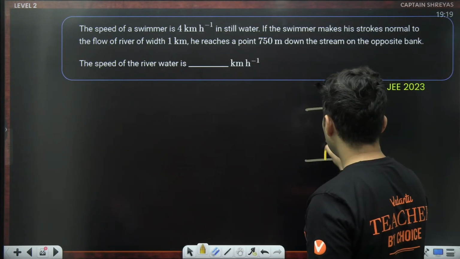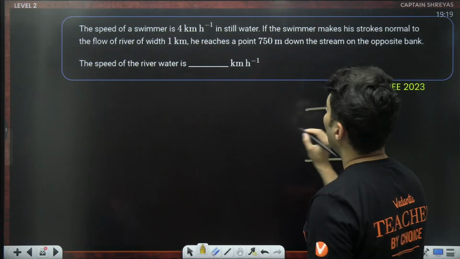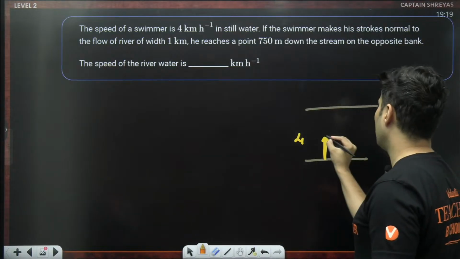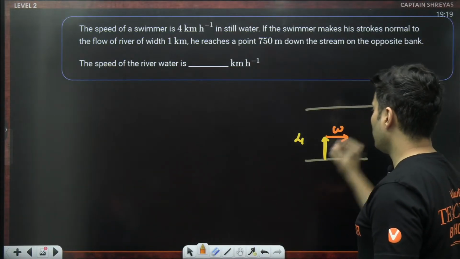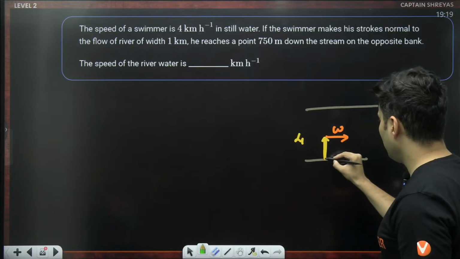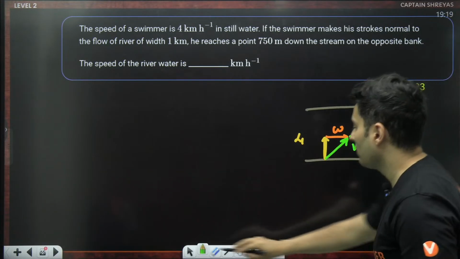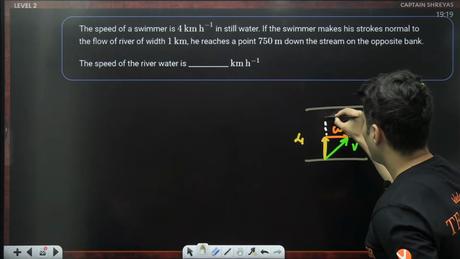Normal to the flow means perpendicular. How much is the speed? 4. And the river speed is not mentioned. I'll just assume it as W. So the resultant velocity will be like this. You will end up reaching somewhere over here, whereas the opposite side would have been here.